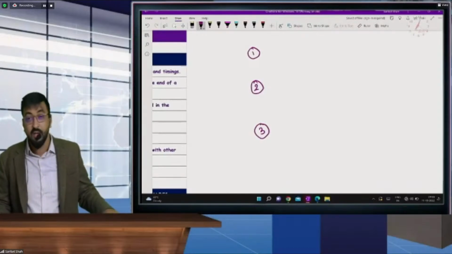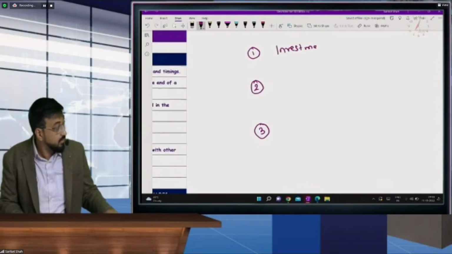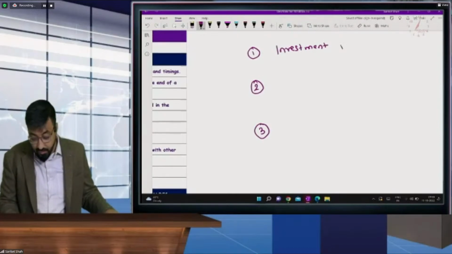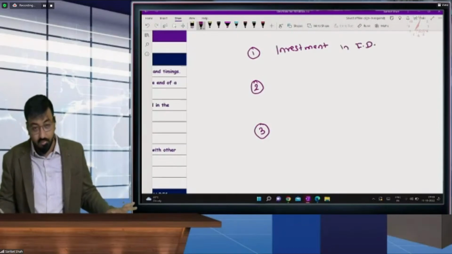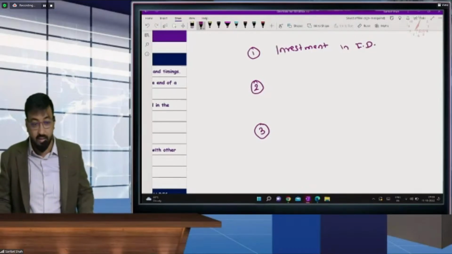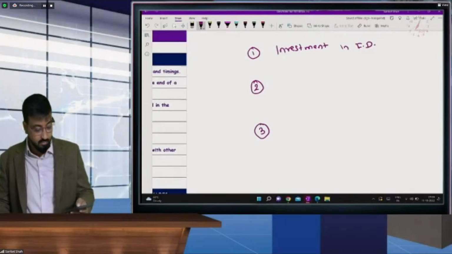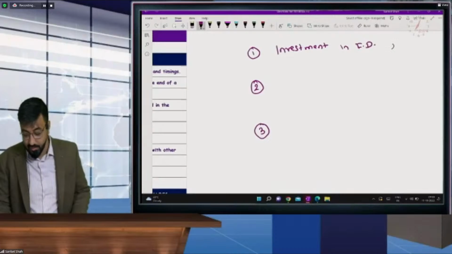So friends, first entry, you can tell me: investment in FD. Investment in FD of rupees 1 lakh.